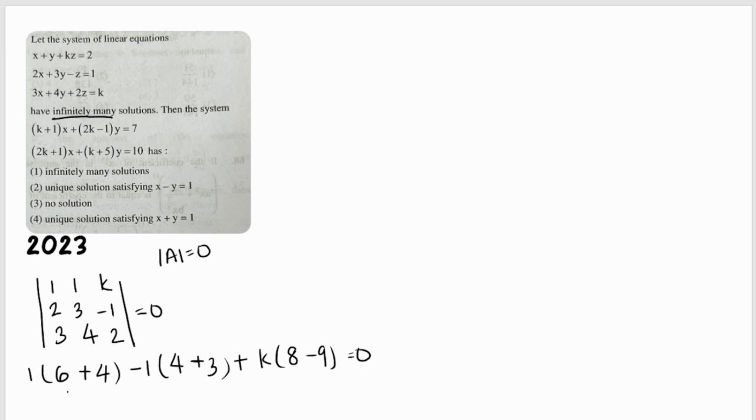You have 6 plus 4 is 10, then you have minus 1 into 4 plus 3 is 7, minus k equals 0. On solving, you will get 10 minus 7 minus k equals 0. 10 minus 7 is 3, minus k equals 0. This implies k equals 3.